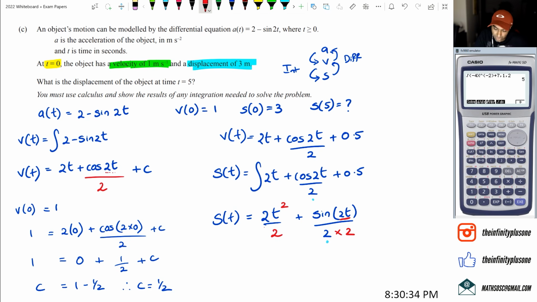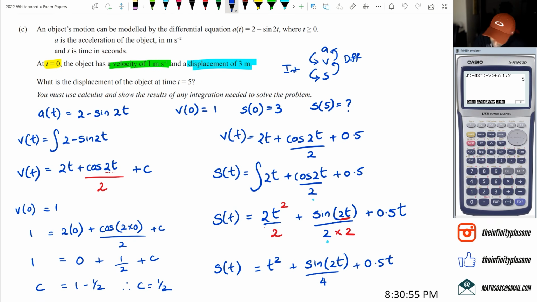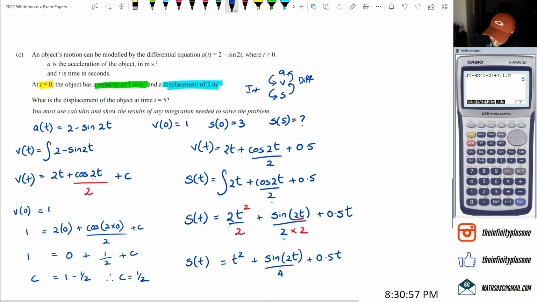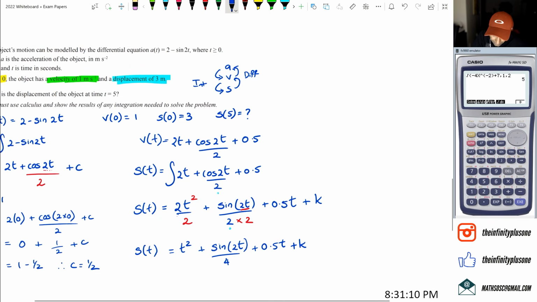So I've got to add that extra 2 there. And don't forget this is also plus 0.5t. Cool. So s of t is equal to t squared plus sine 2t over 4 plus 0.5t. And of course, don't forget the plus constant. We might not call it c because we already used c before. You can use C1, C2 if it helps, but I'm just going to use a different letter.